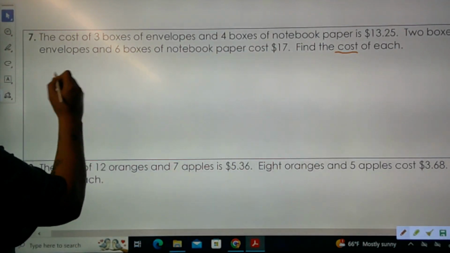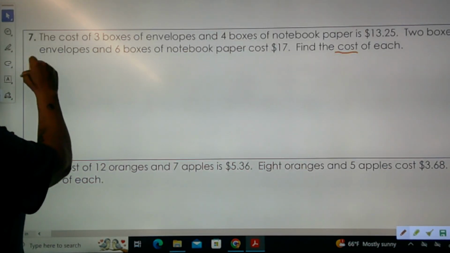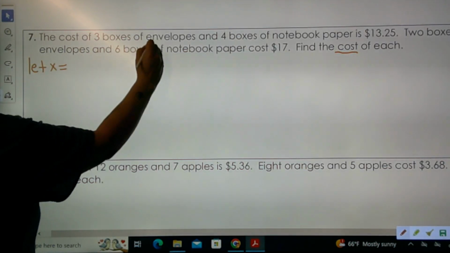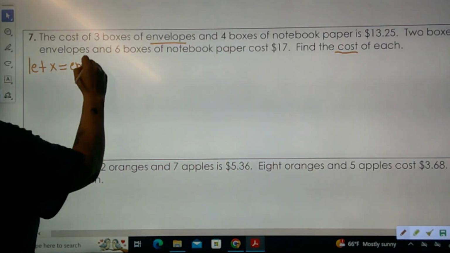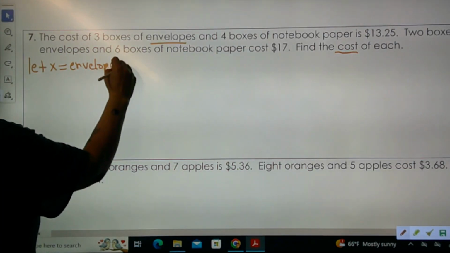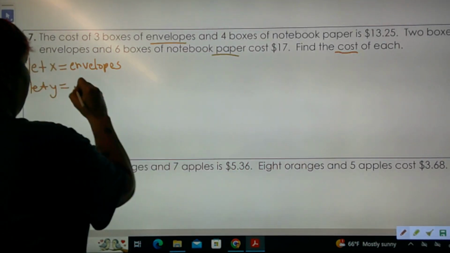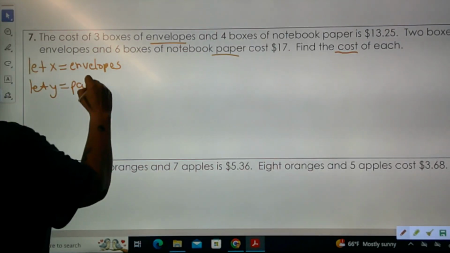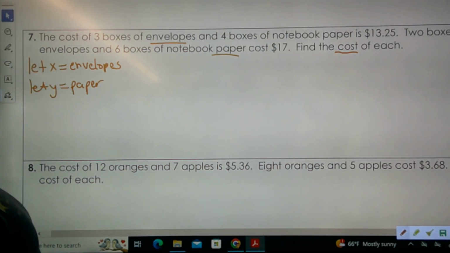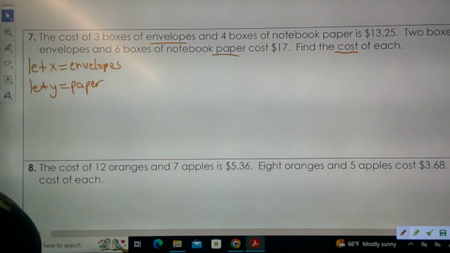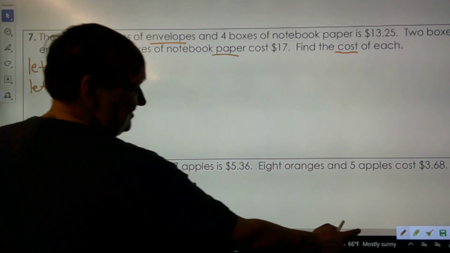First, define your variables. Let x equal envelopes. Let y equal paper. And then write your equations.